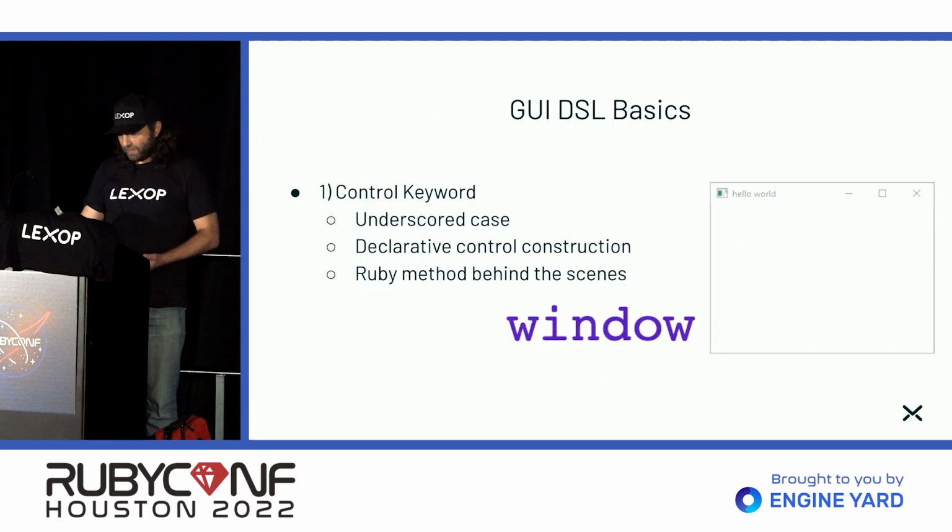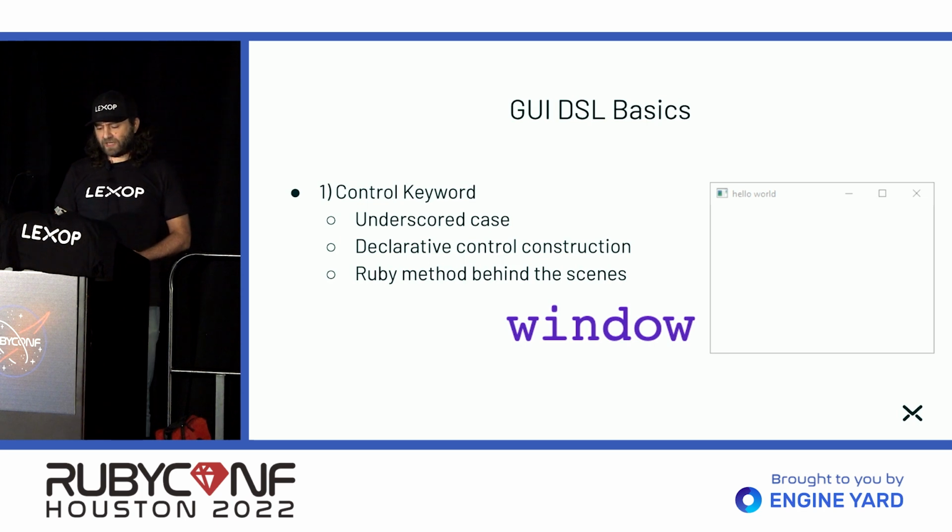As far as Glimmer GUI DSL basics, the first thing you want to learn is controls. Controls are also known as widgets or components, depending on the GUI toolkit you're using. In LibUI, they call them controls. They're basically the basic building block for showing visual concepts on the screen and allowing the user to input or output data.